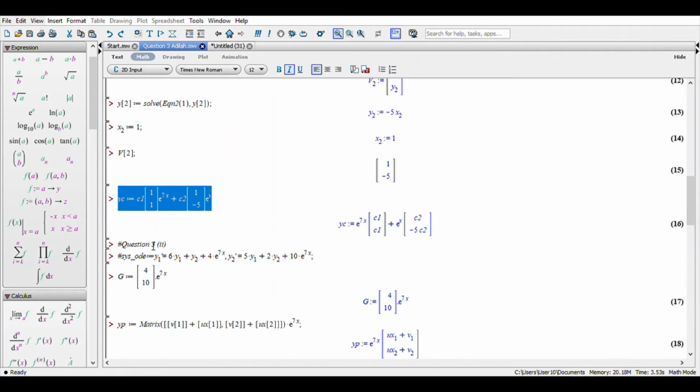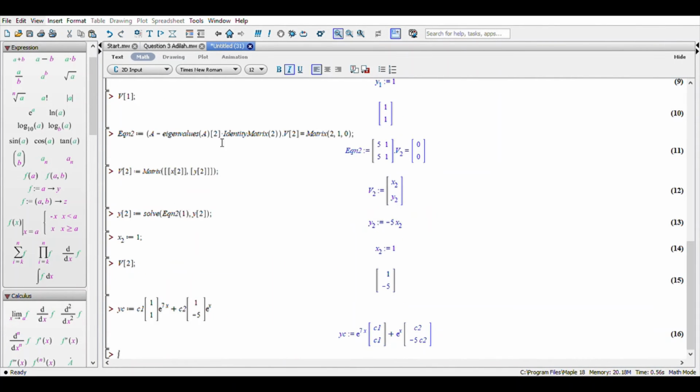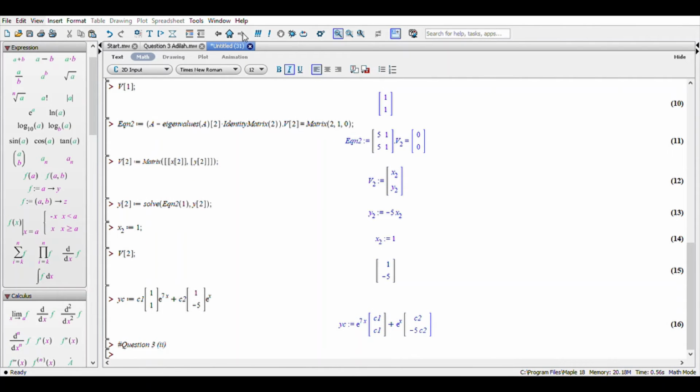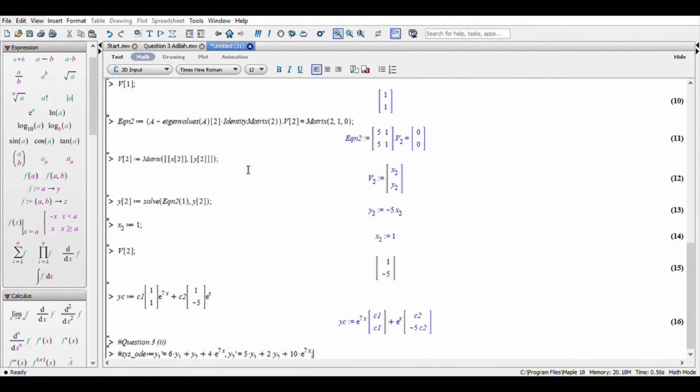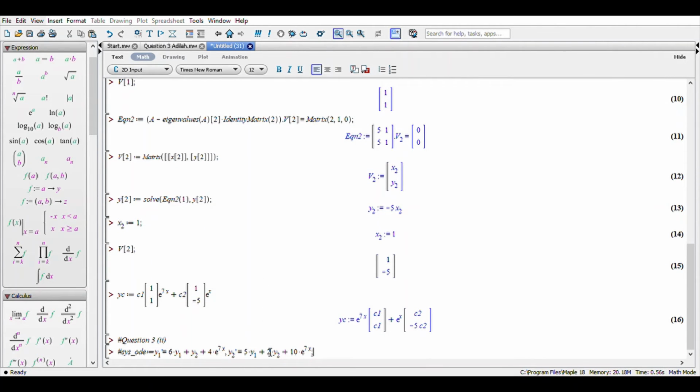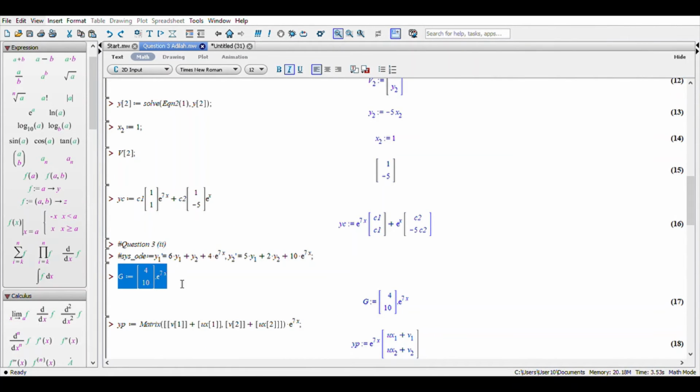Next is question 3.2. This is the question, which contains the value of G. In this question, G is in exponent form.